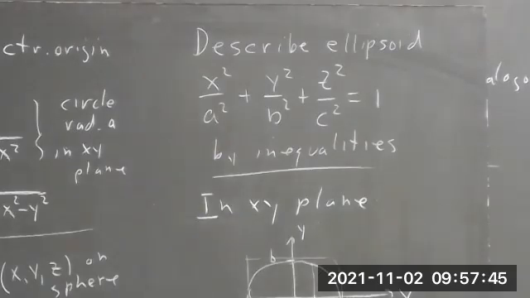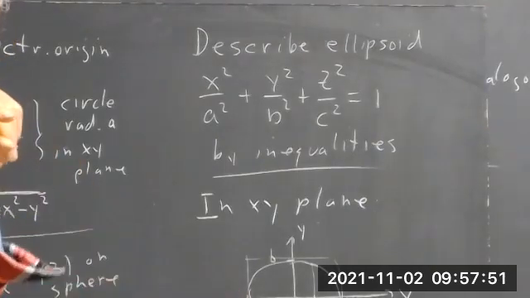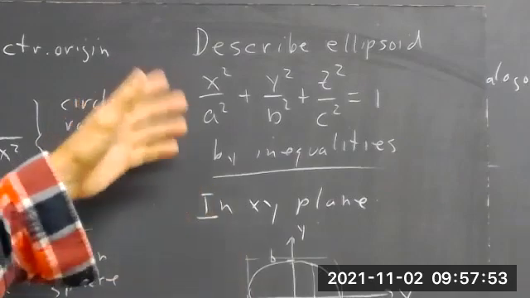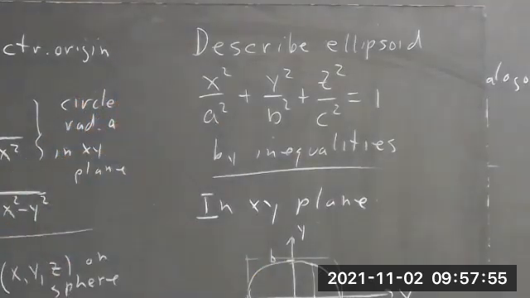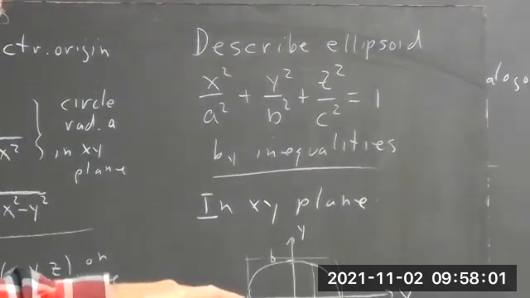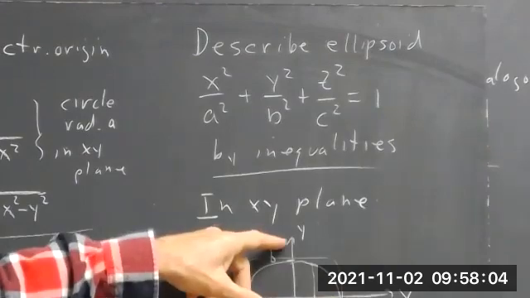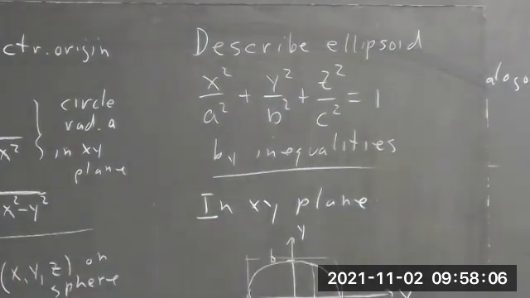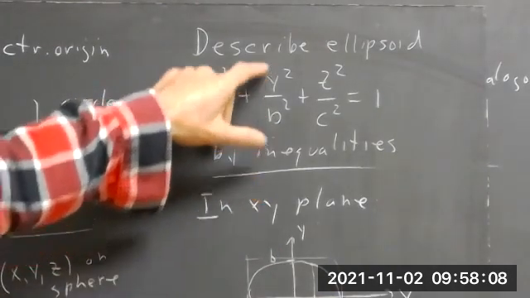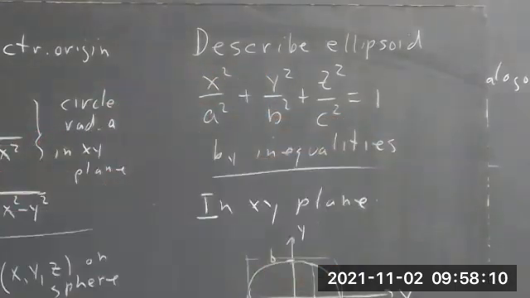Okay. In this case, in the case of an ellipse or hyperbola, you're going to construct this little square or rectangle, going from negative A to A and negative B to B. And that's going to work for X squared over A squared plus Y squared over B squared equals 1.